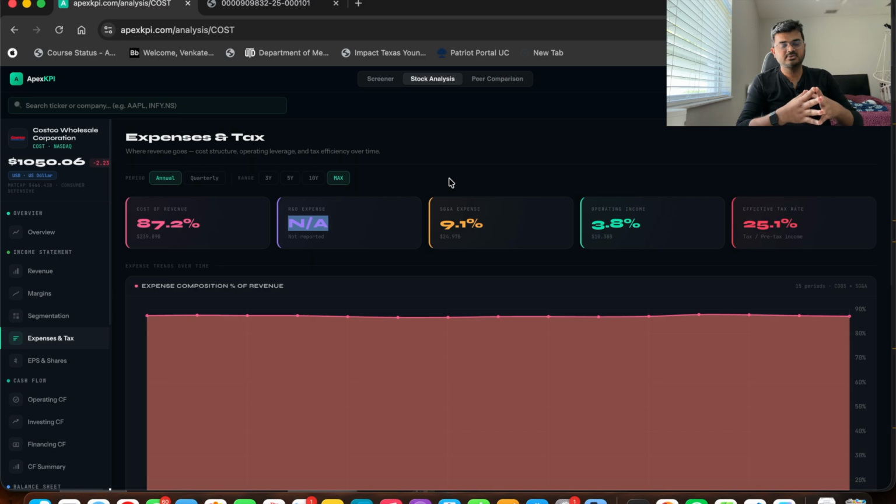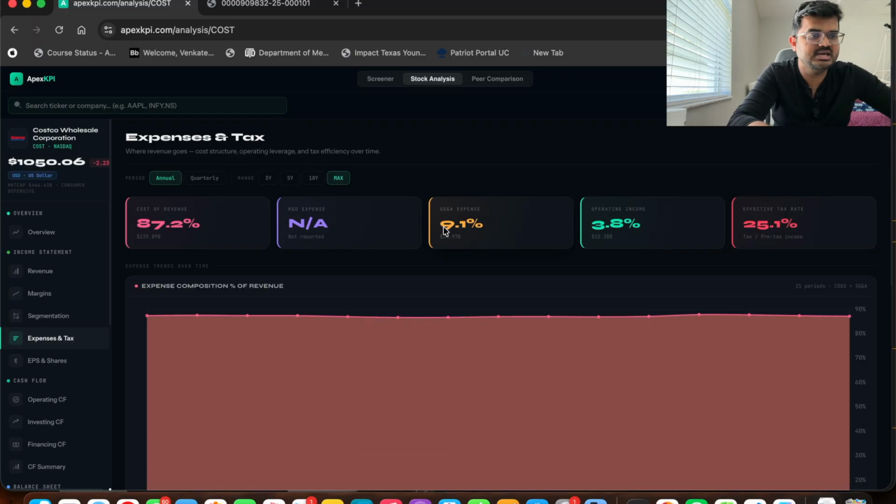It is just a warehouse business, so they don't do much R&D. But I would still like to have this information because most of my investment is in the tech sector, so it will be helpful for me to see how much the other businesses are spending on R&D. And SG&A expense, which is selling, general and administrative, is 9.1 as of the most recent snapshot, but we will look at what the historical numbers are. Then operational income, which we already saw, and tax rate, which we will need to pay special attention to later in this section.